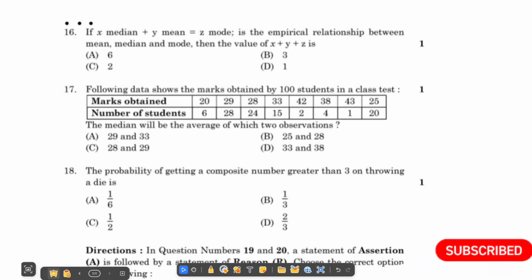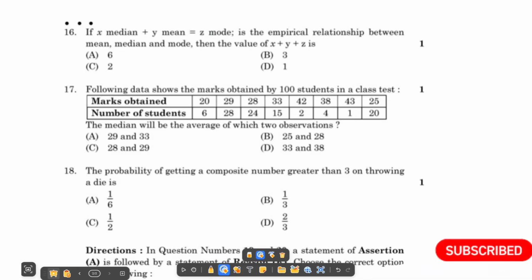So next, what is the 16th question? If x median plus y mean equals z mode is the empirical relationship between mean, median and mode, then what is the value of x plus y plus z? So we have to find x plus y plus z. For that we have to find the coefficient of median, x, the number before y mean, and the number before mode, z.